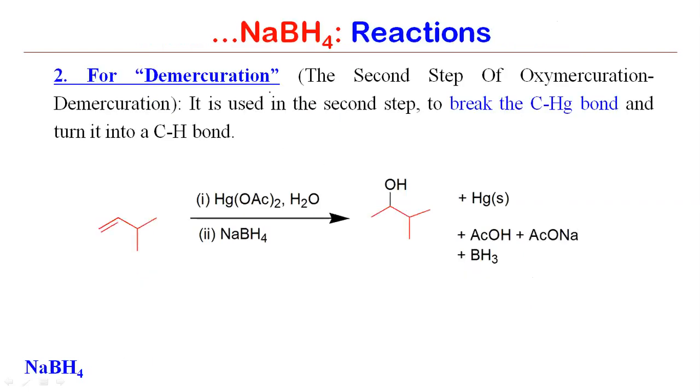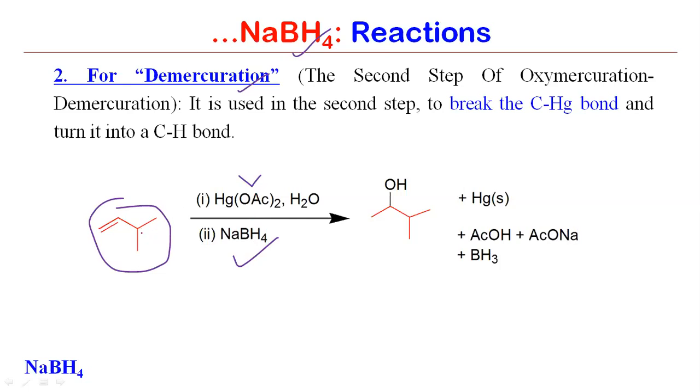An important application of sodium borohydride is also in demercuration. We know that whenever we treat an alkene compound with mercuric acetate and sodium borohydride, it is a very well-known reaction in organic chemistry, called the oxymercuration-demercuration reaction. And we know that this reaction follows Markovnikov addition.